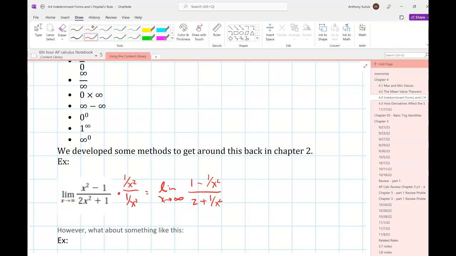Now if I push my limit through, what's the limit as x approaches infinity of 1 over x squared? 0, right? It's 1 over huge, which is just 0. So the actual answer here is 1/2.